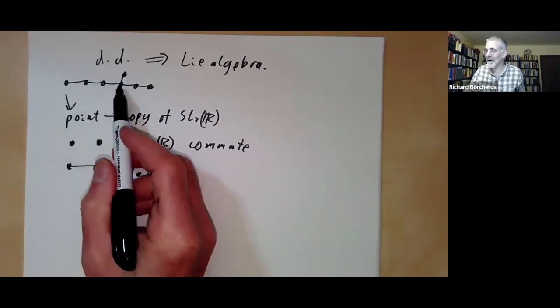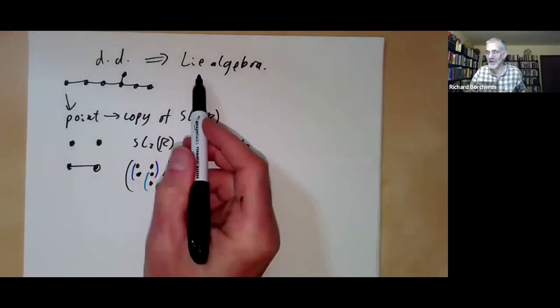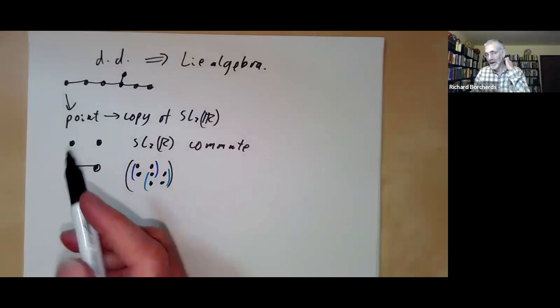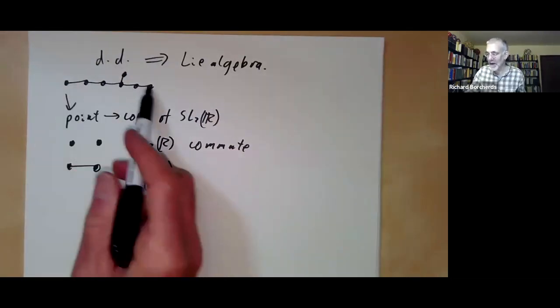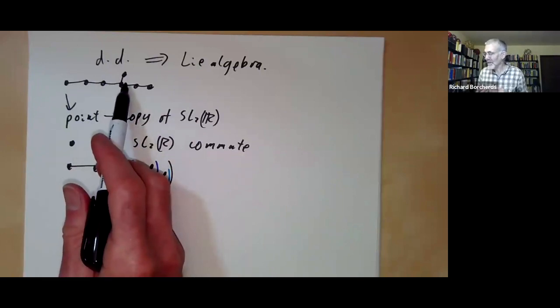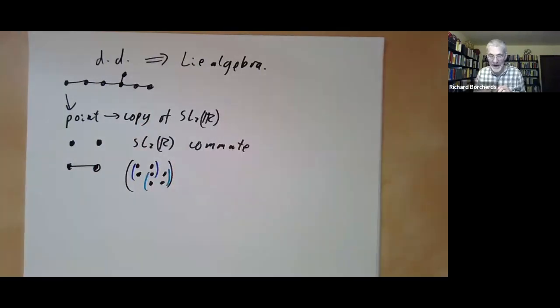Now the spherical Dynkin diagrams give you finite dimensional Lie algebras, and Kac and Moody pointed out that you can actually take any Dynkin diagram, it doesn't need to be spherical, and ask what Lie algebra do you get from it?